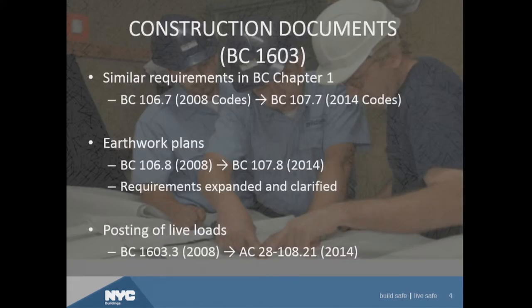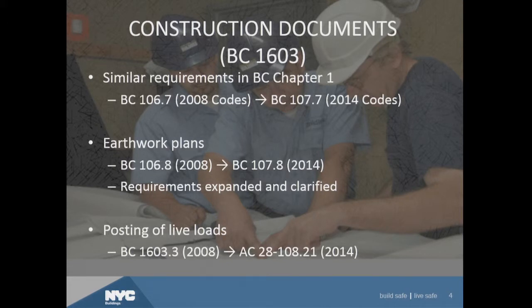Okay. Construction documents. There were some minor changes and improvements to the requirements for construction documents. In general, just coordinating with the latest edition of the reference standards themselves, but just to also bring it back around, there are also construction document requirements in Chapter 1 of the Building Code.